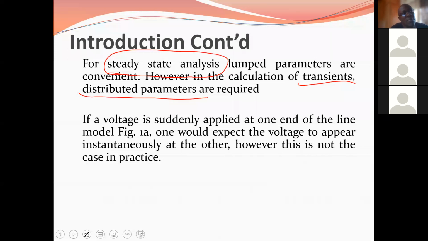I've said it a couple of times since we got started. If you have a voltage which is suddenly applied at one end of the first figure, that's the RL circuit, if you were to energize it, you expect that the receiving end voltage would appear immediately. Yes?